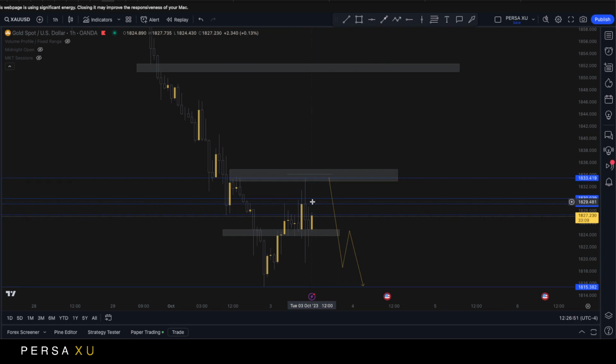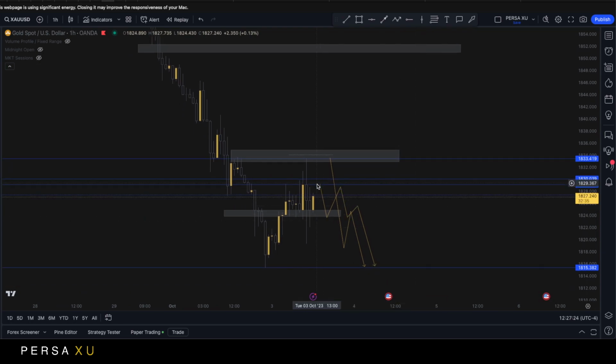If, however, it makes another wick like this one and closes under this range of 1829, 1830, then maybe it's showing us that it wants to stay within this range a little longer, or that it's losing strength for this pullback, and it's going to continue falling down at least to that lowest low, right?